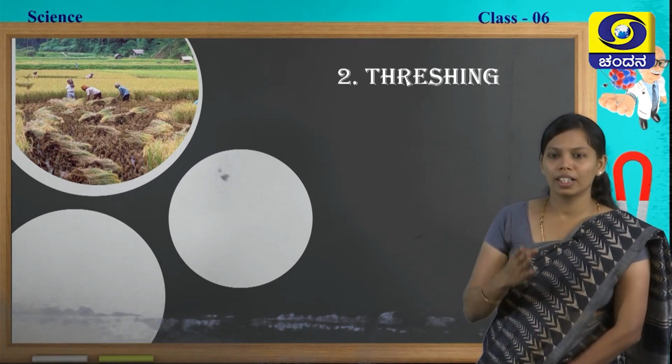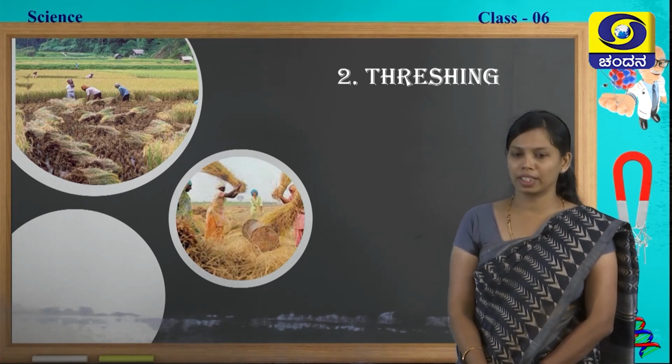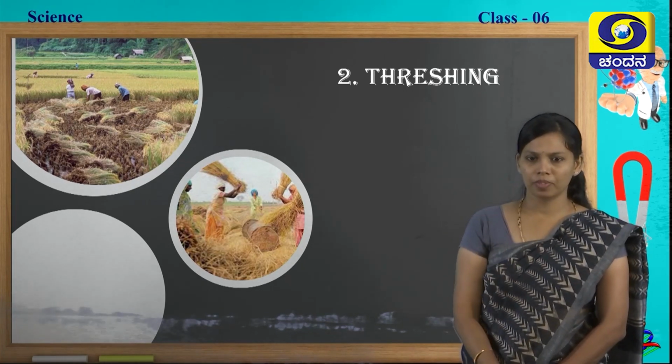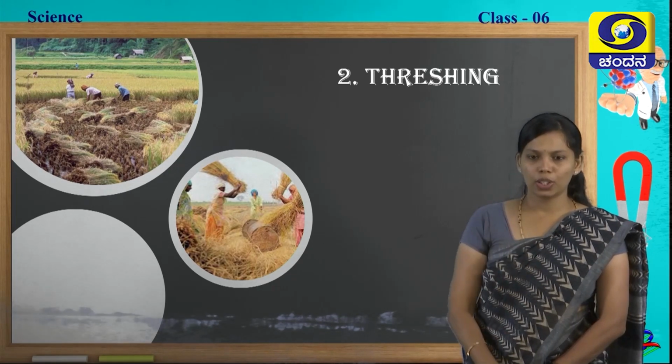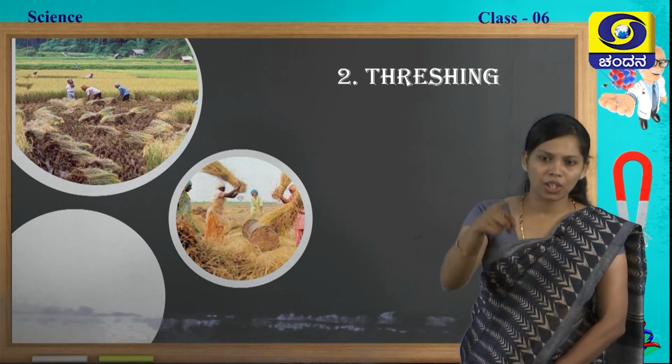So, for that we introduce the threshing method. What is the meaning of the threshing method? Look at the picture there. What are the people doing there? They have taken the bundles of stalks and they are beating them on a hard surface. What happens when we beat like that? The grains get separated from the stalks, and many people are doing that.